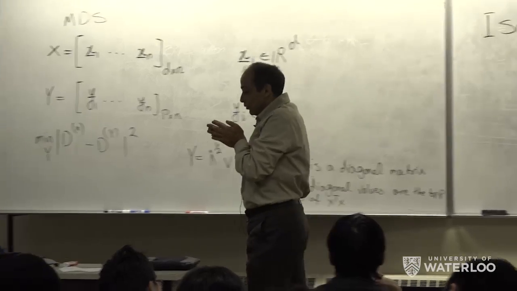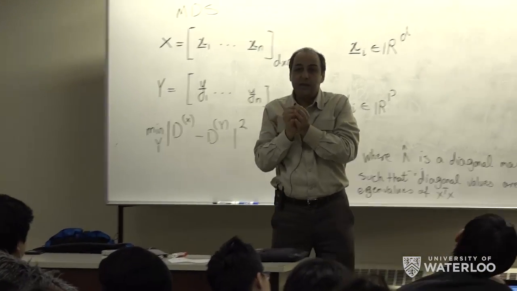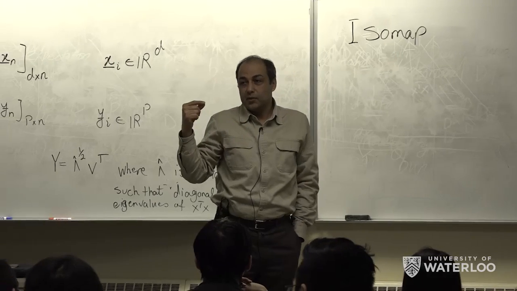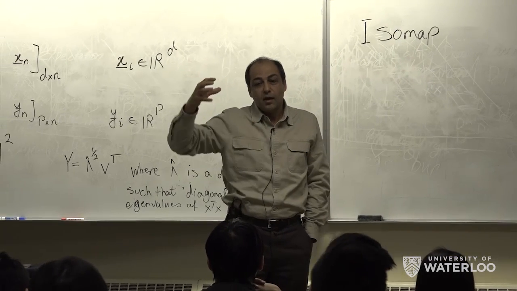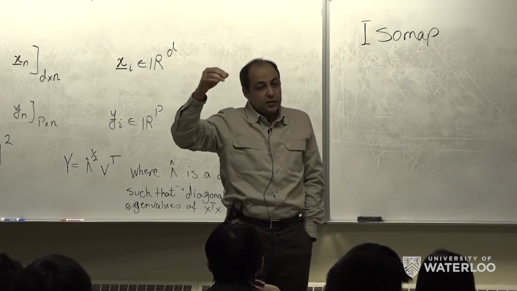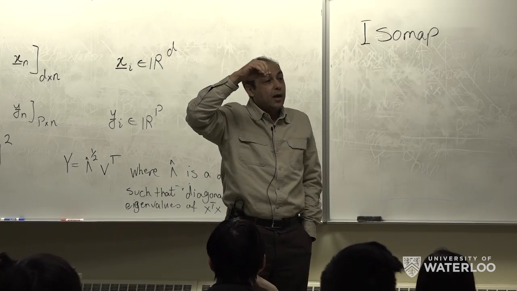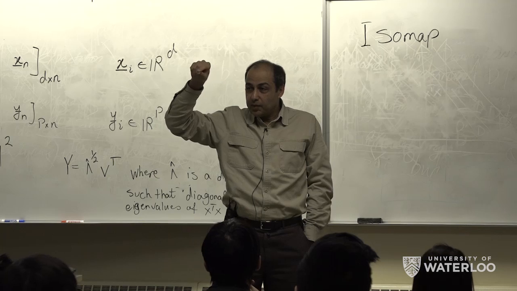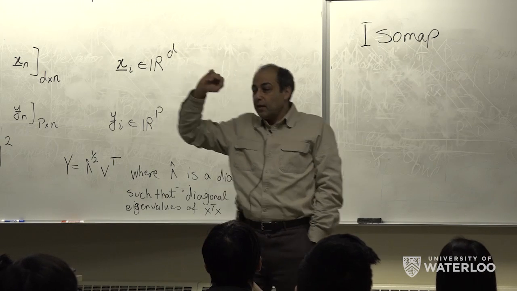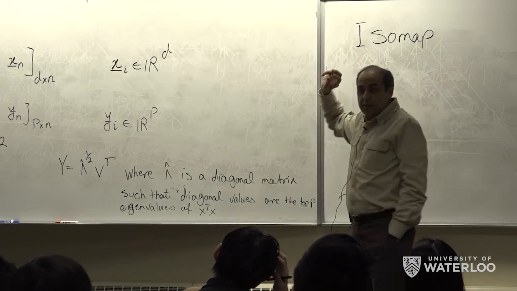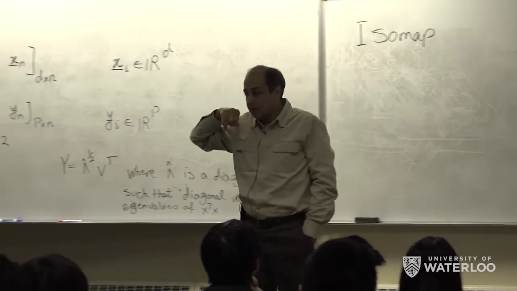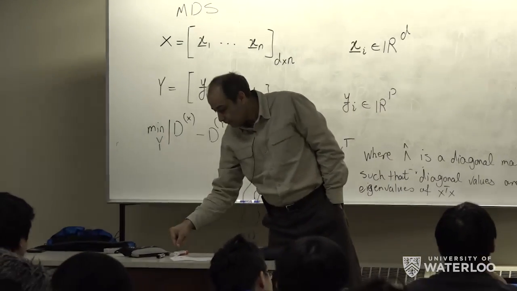But good solutions, which was basically a point that interest in nonlinear dimensionality reduction renewed again, came in 2001, when 2 papers were published in the same issue of Science back to back. One of them was Isomap, and the other one was LLE, Locally Linear Embedding, that we are going to talk about also today.